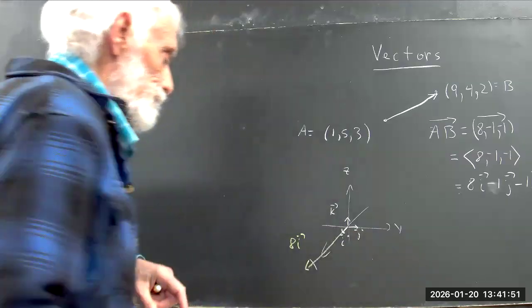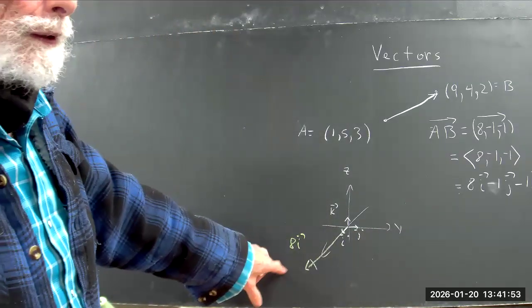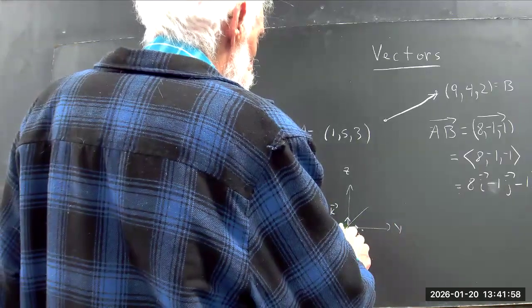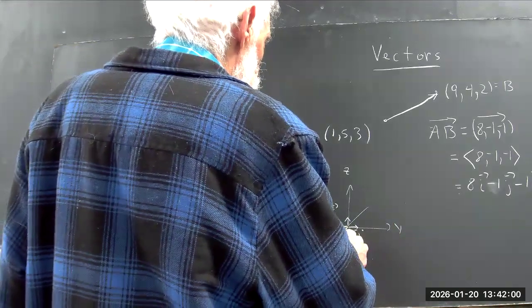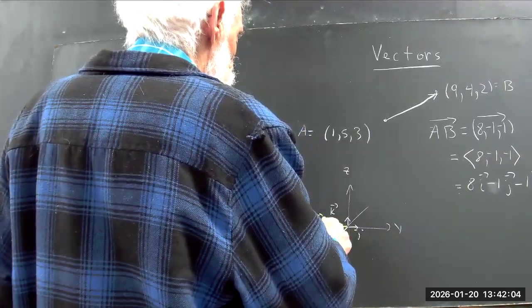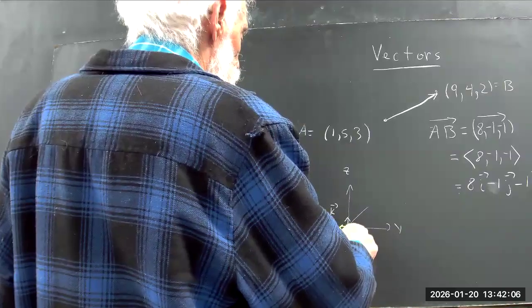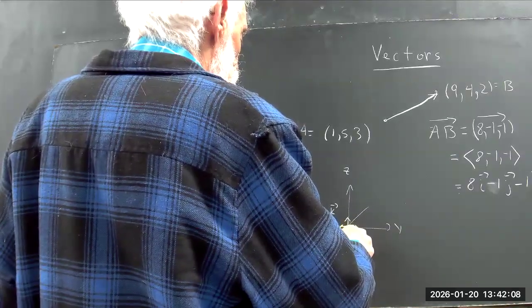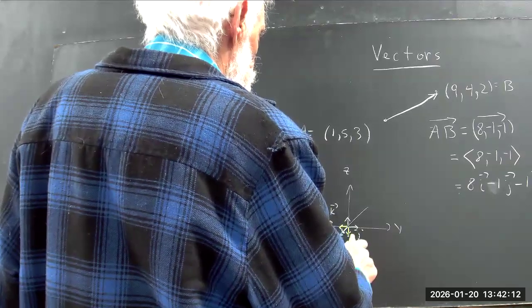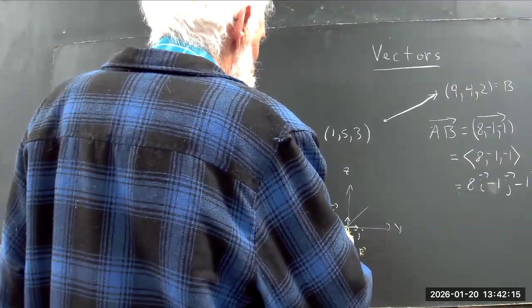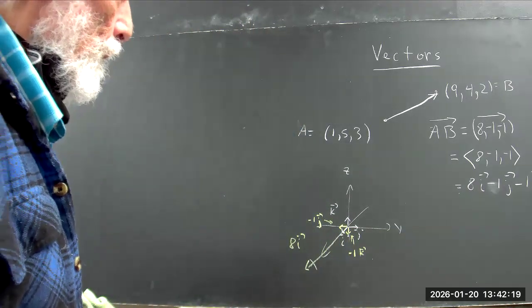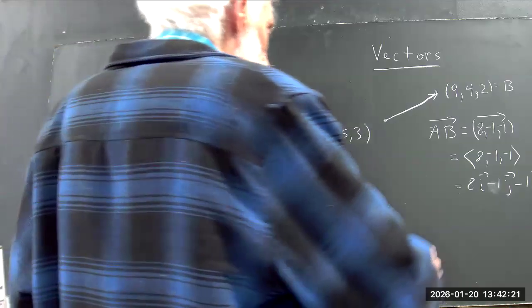It has length 8, and we'd represent it with length 8. 8 times i, and then minus 1 times j, and minus 1 times k.